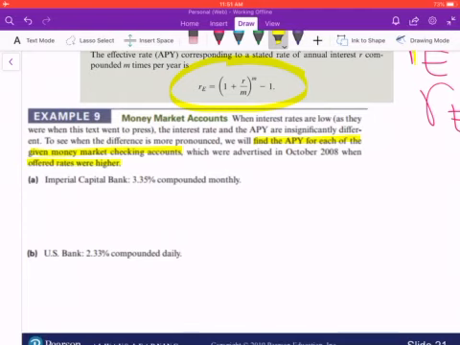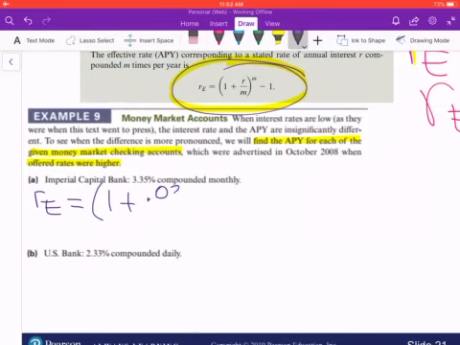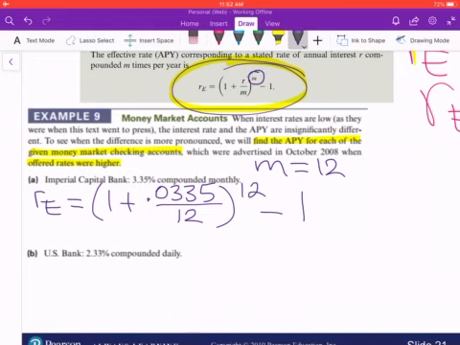So we're going to compare the Imperial Capital Bank rate if it was compounded monthly. And we're going to be finding the effective rate with this formula. So we'll have 1 plus rate, it will be 0.0335 compounded monthly. And this is for 1 year. So for that reason, we will just use the exponent m, minus 1.